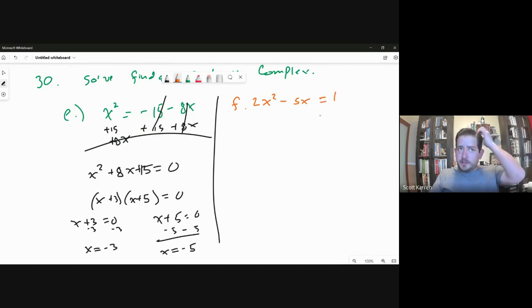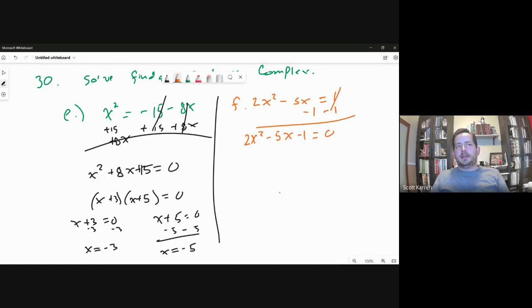So again, since it's a second degree polynomial, I'm going to get everything onto the left-hand side. So I'm going to subtract 1 from both sides. This leaves me with 2x squared minus 5x minus 1 equals 0. And I can't factor this one, right? So I'm going to have to use the quadratic formula.